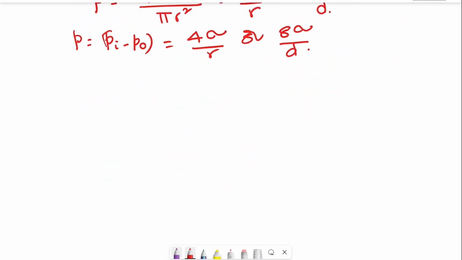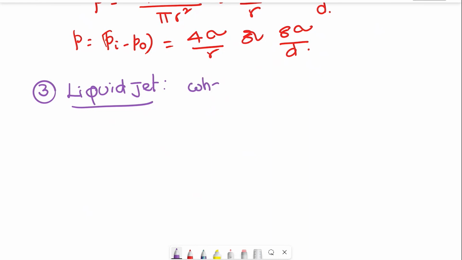What is the third case study? Liquid jet. Liquid jet means when you take a pipe of water and observe how the water comes out, that is what we mean by liquid jet. So what is the pressure intensity inside?